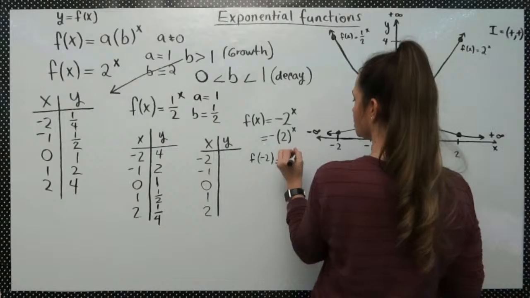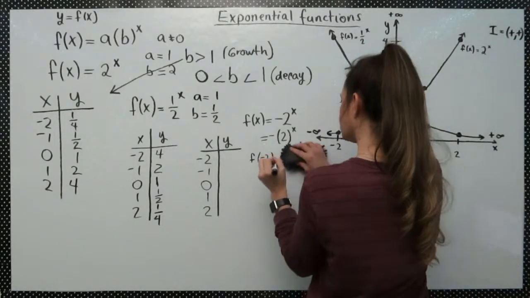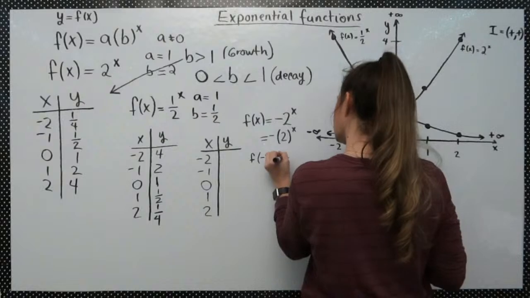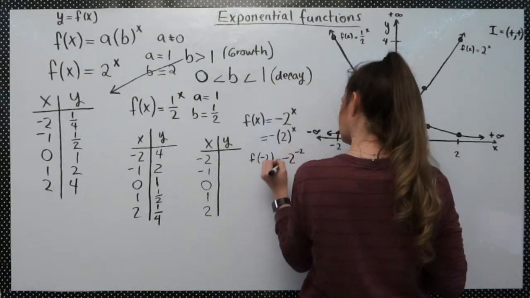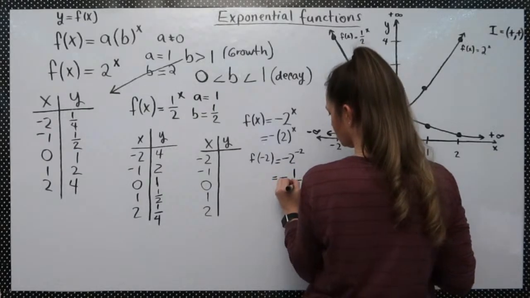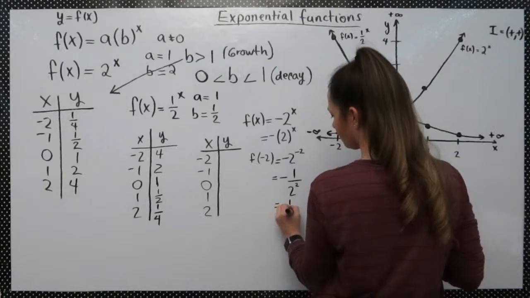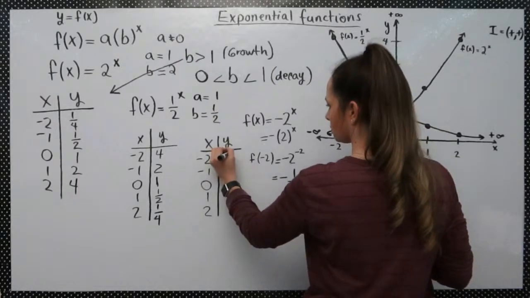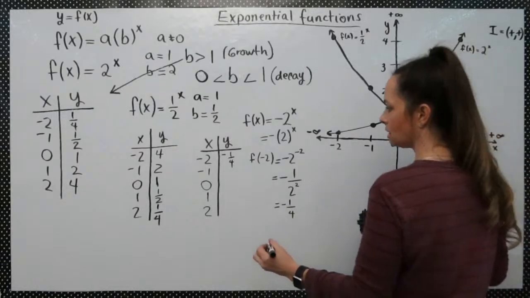Where's my function? 2 to the, hold on, that's -2 to the -2 power. So that equals -(1/2) squared, which equals -1/4. And then same.